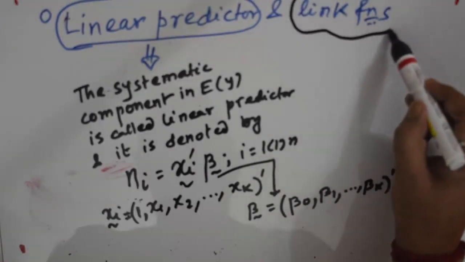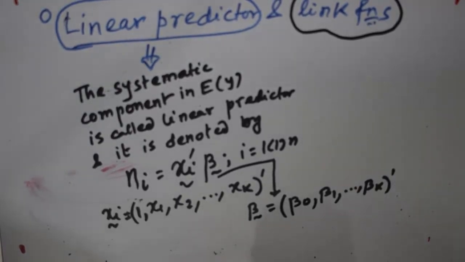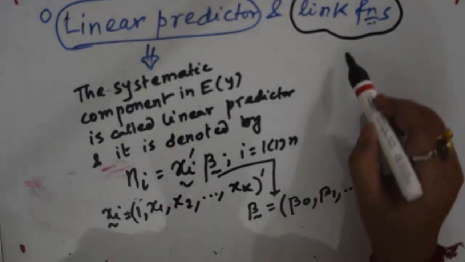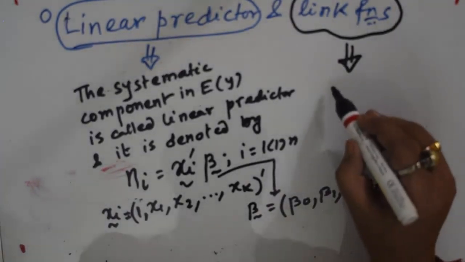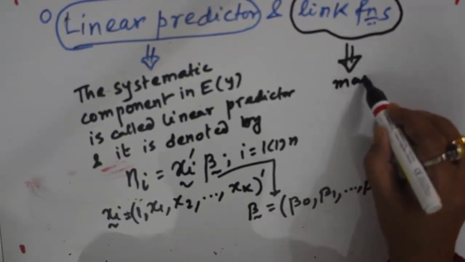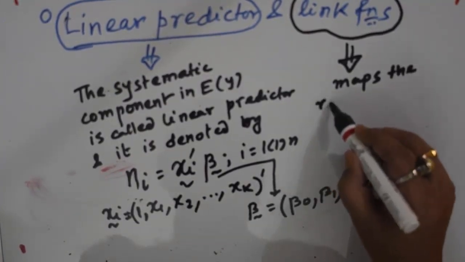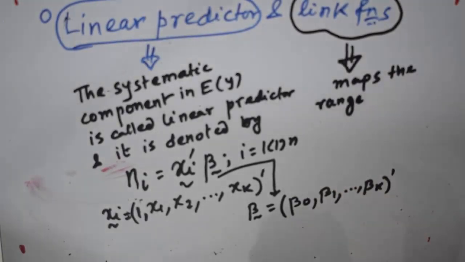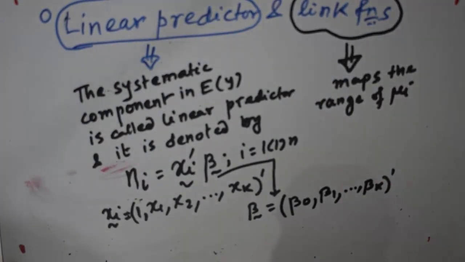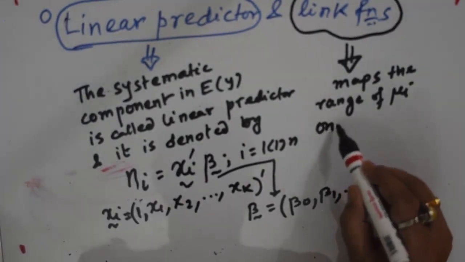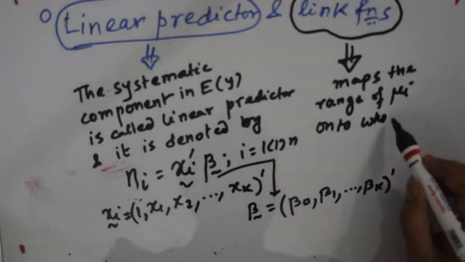And link function maps the range of mu i onto the whole real line.